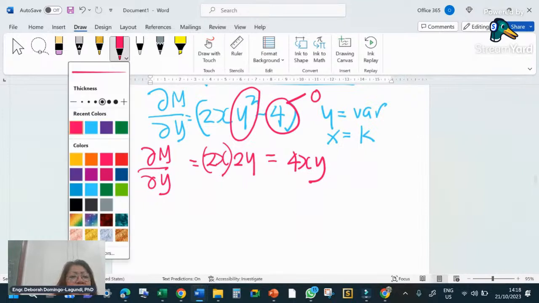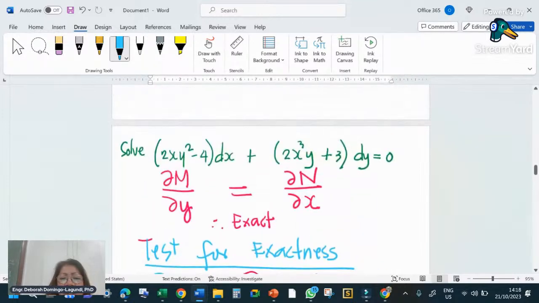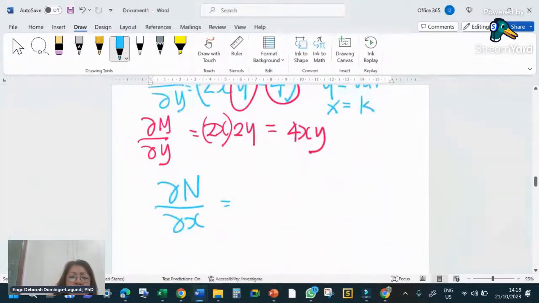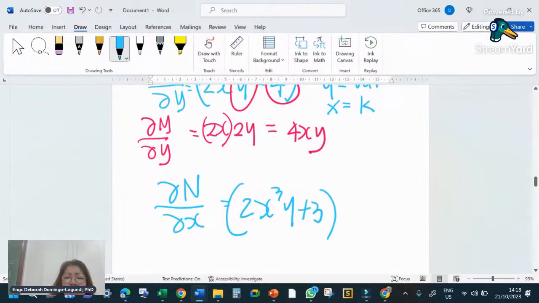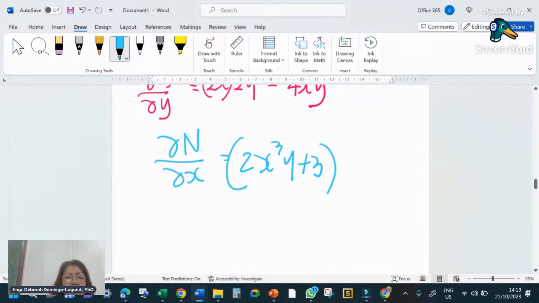Now, next thing we have to do is to do partial derivative of n with respect to x this time. So let's copy it from here. 2x cubed y plus 3 dy. Okay, but dy will not be there anymore.